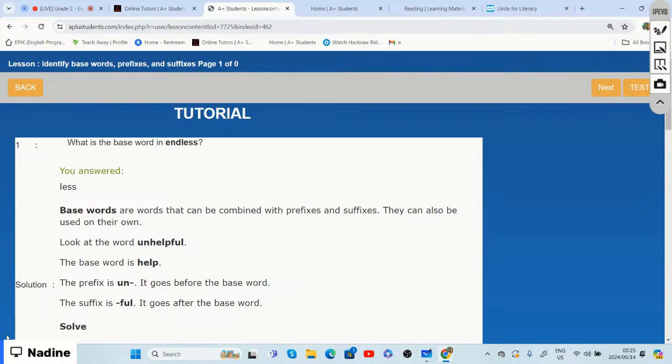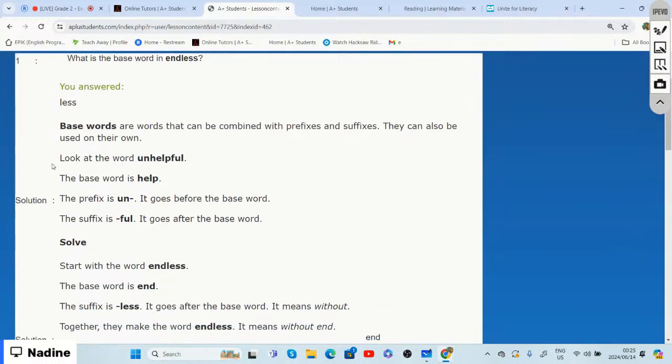So well done. Same with disrespect. Respect is our base word, right? Respect is when you are showing your trust and your respect to somebody. Disrespect is again the opposite of respecting somebody. It's like you're not listening, you're not respecting somebody. So well done, right?